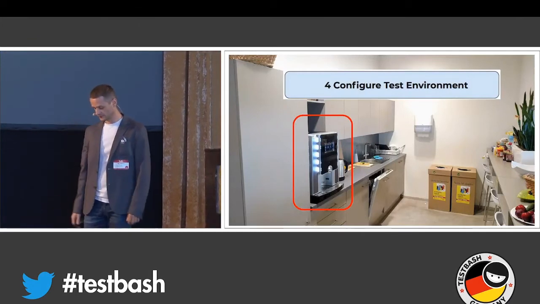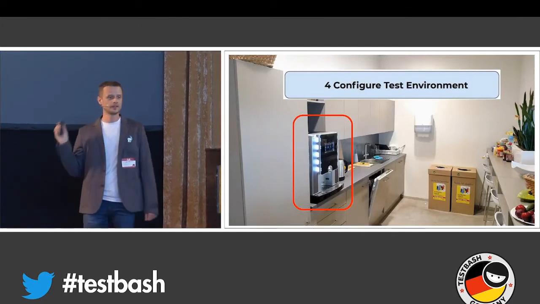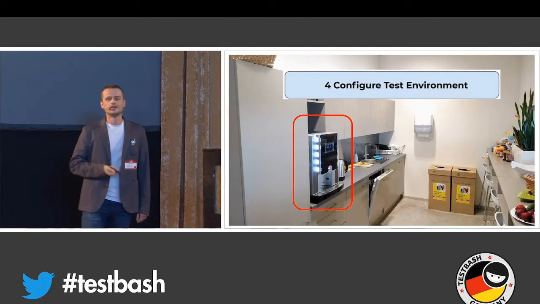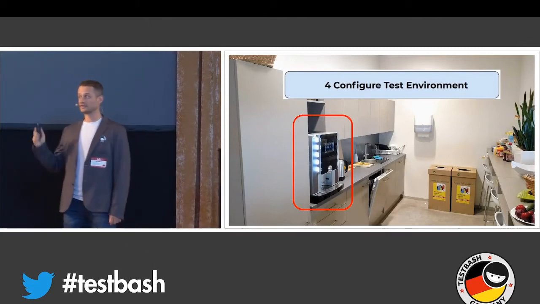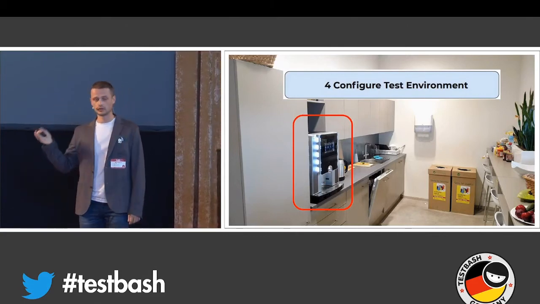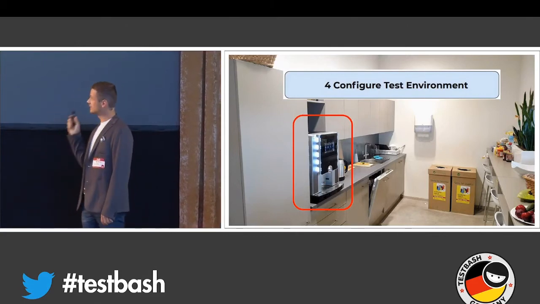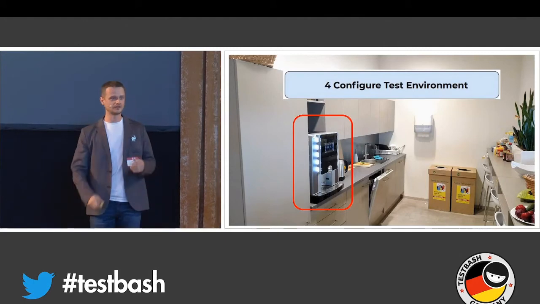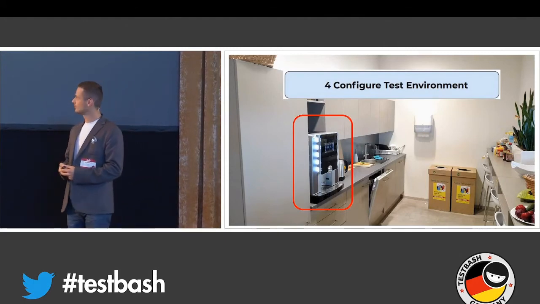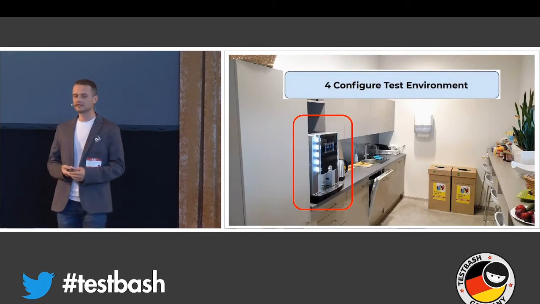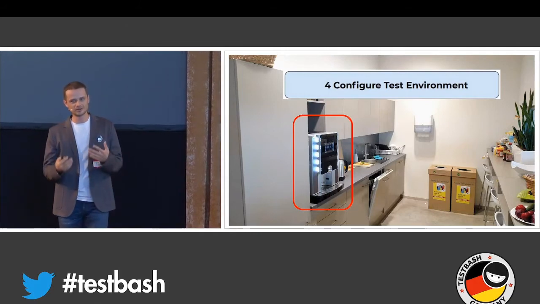Fourth activity, configure test environment. And here is a coffee machine. Quite often, at least at the beginning when our office opened, it's actually a photo of our office kitchen, that coffee machine was having a lot of bugs. It was broken a lot of the time, and a lot of people were arguing about the taste of the coffee.